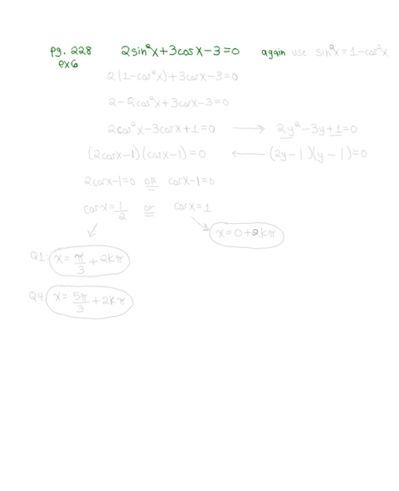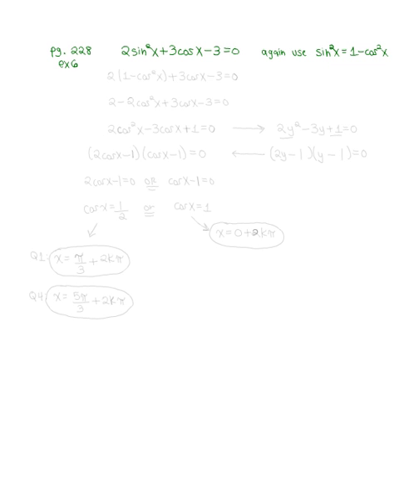Again, we're going to use the Pythagorean identity that sine squared of x equals 1 minus cosine squared x.